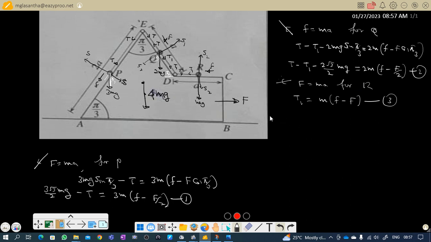For another equation, you can apply F equals ma for this direction, for the system. Now you can apply F equals ma for the system horizontally.